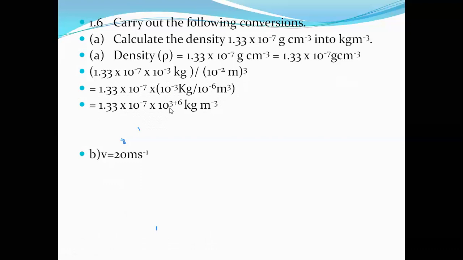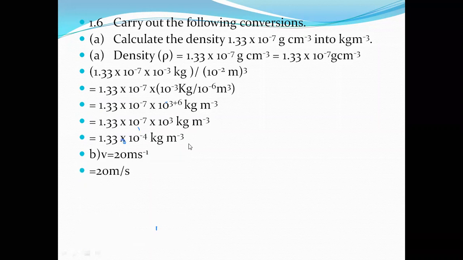The new equation will become 1.33 into 10 to the power minus 7, and minus 3 plus 6 becomes 3 kilogram per meter cube. So the whole thing can be written as 1.33 into 10 to the power minus 4, because minus 7 and plus 3 will become minus 4 kilogram per meter cube.